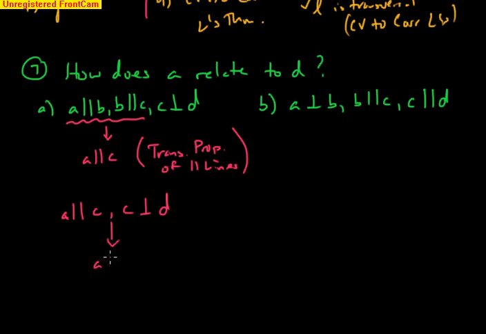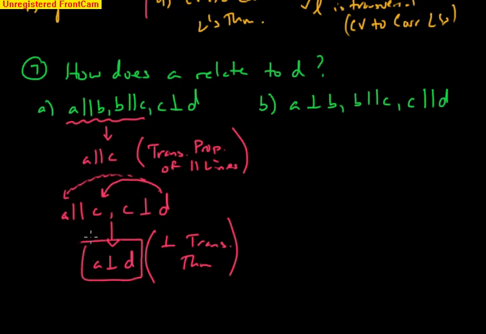This means that A is perpendicular to D as well. And this is because of the perpendicular transversal theorem. Or the fact that D is perpendicular to one of the parallel lines, so it's going to be perpendicular to the other parallel line. Remember that idea. So there's your answer for part A.